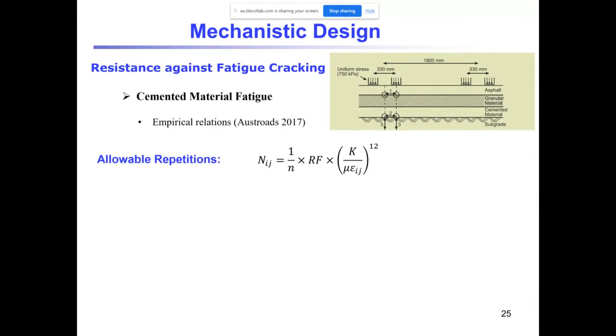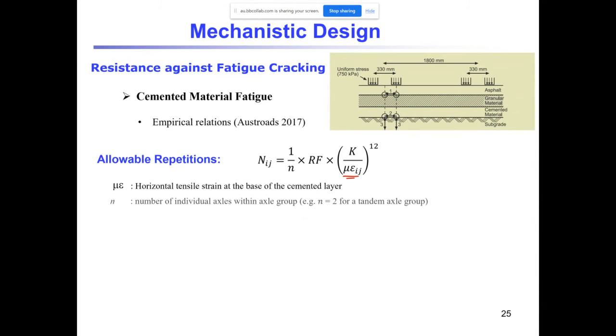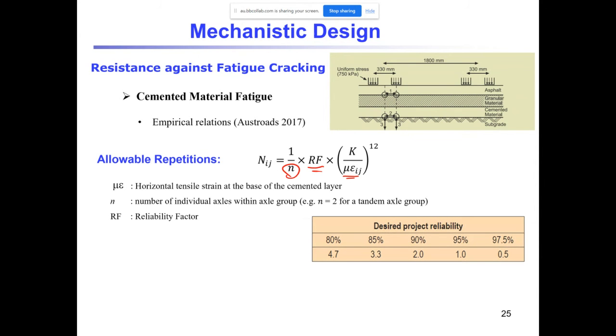Again, we have the same thing for cemented layers. For a cemented layer, there is one empirical equation which gives you the allowable repetition. You need to compare that with the design traffic to see whether your design is acceptable. So here, this term is the strain. This term is related to the reliability factor, and this is the number of axles within the axle group.